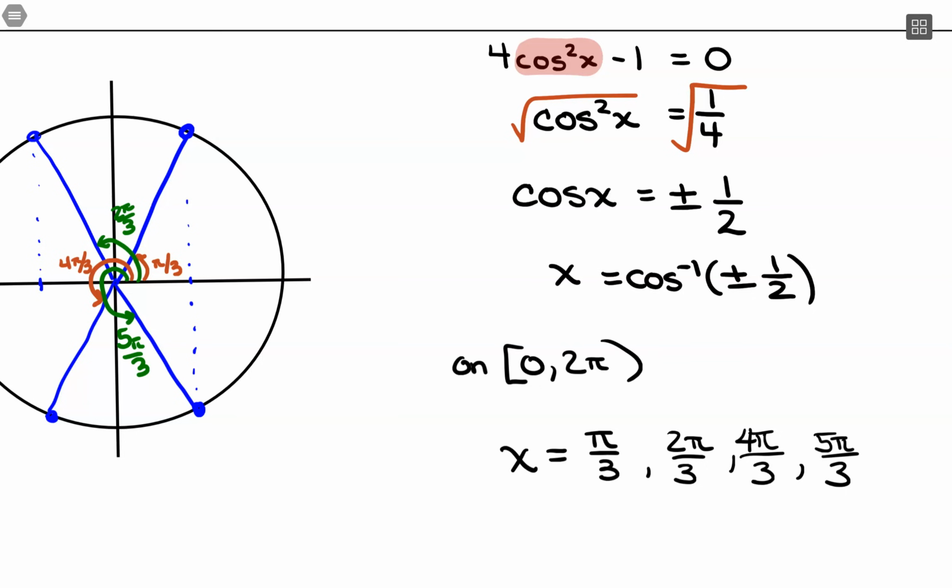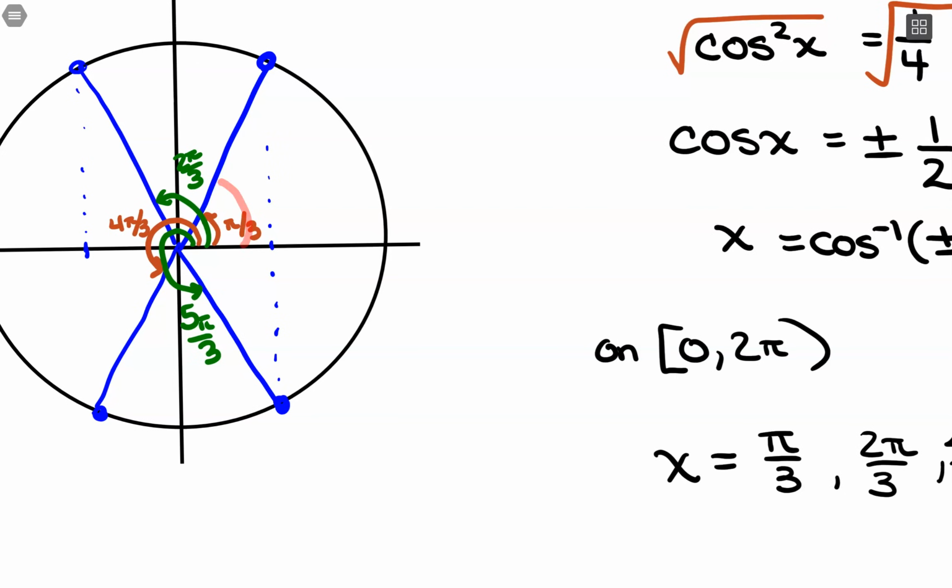All right. Now to make a formula, there are a few ways to go about this. Let's use the fact that the period here is 2 pi. What I'm going to do is think of pairs. I have this positive pi over 3 and negative pi over 3.